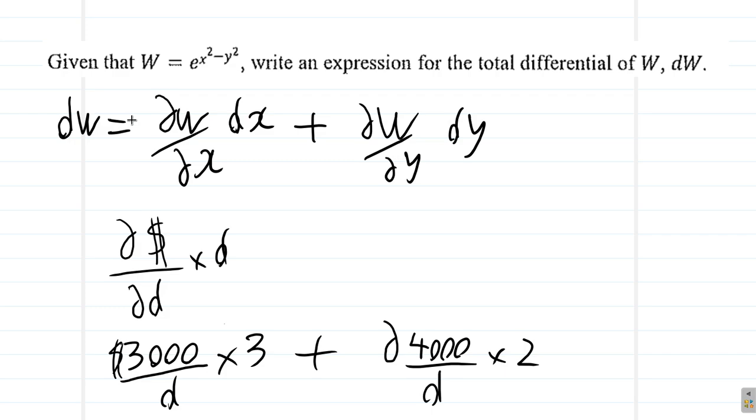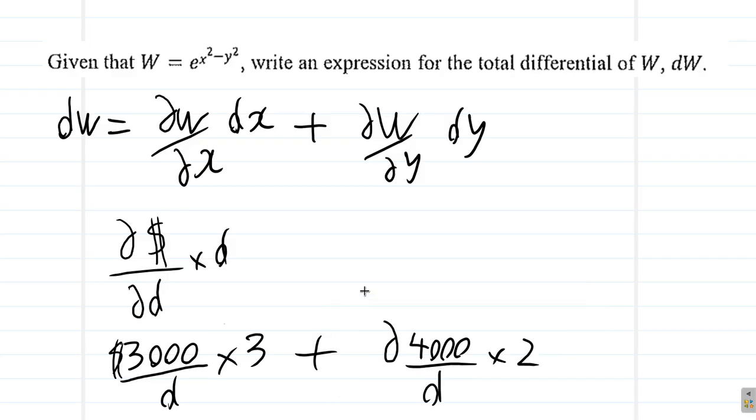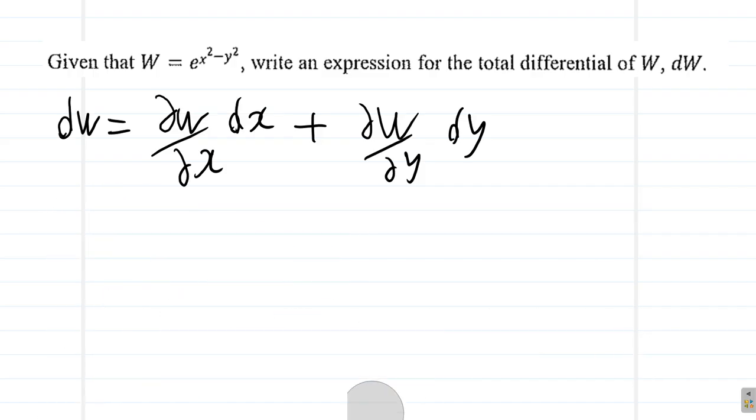So that's dW, the change in money. Your account, how did it change from the start of the week to the end of the week? This is how it changed. All right. So it's the same idea.